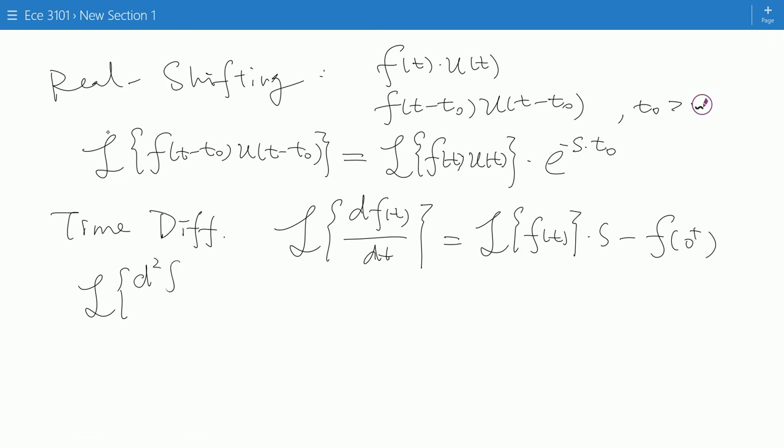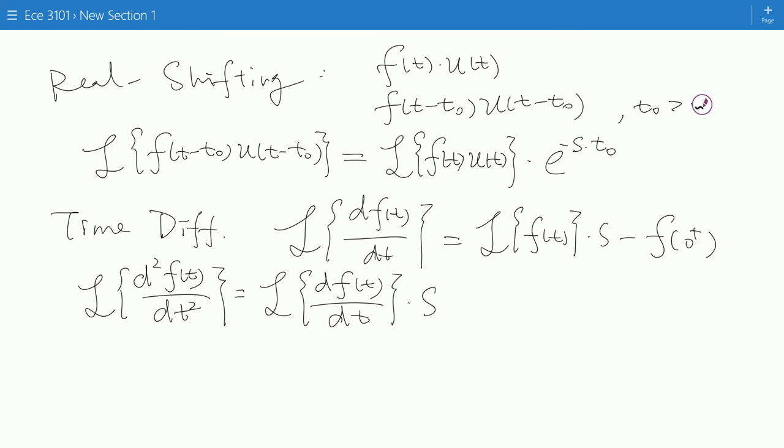For the second derivative, apply this property from the first: the derivative of the other, times s minus f.